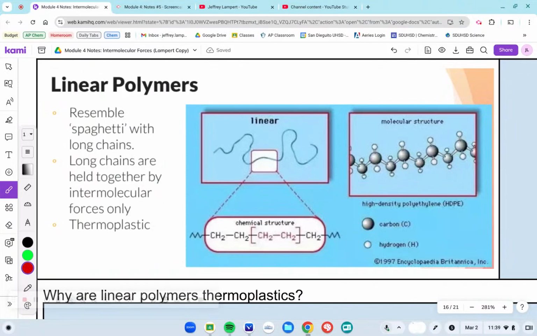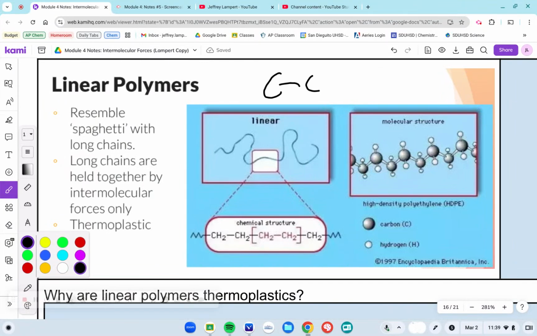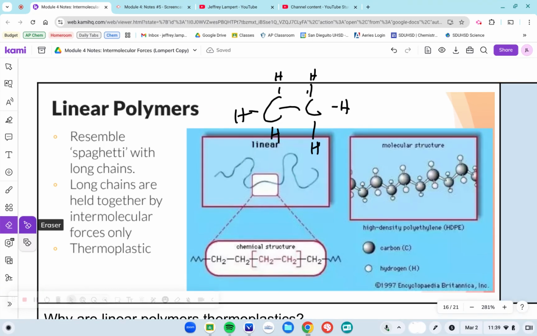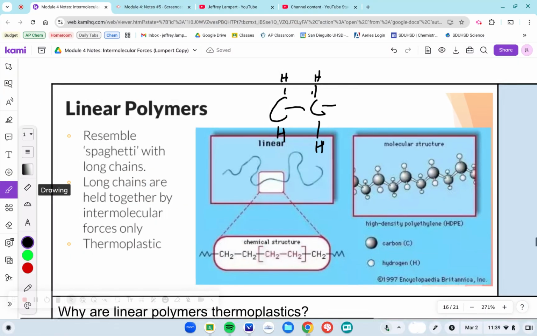Now, what intermolecular forces they're held together by depends on the monomer. So for example, if my monomer was just something that looked like this, this structure here is nonpolar. So because this structure is nonpolar, that would mean that I have only London dispersion forces between my polymer chains.